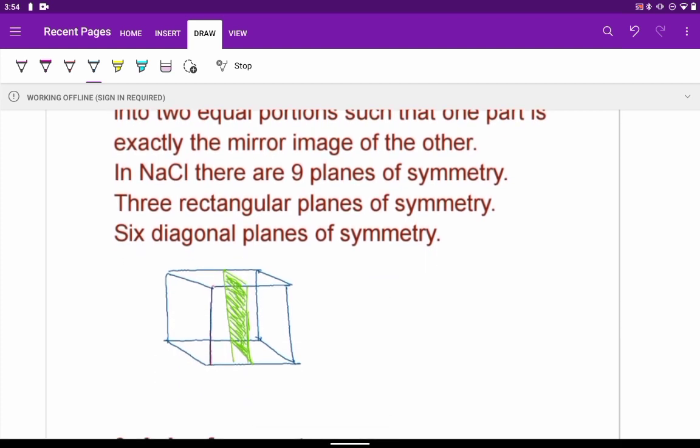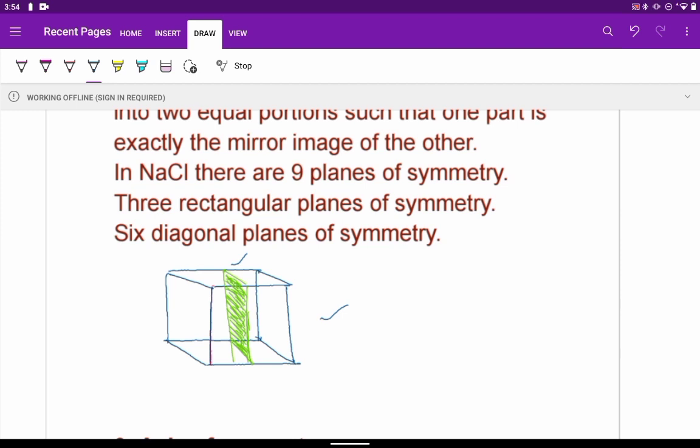Now see, if we consider the rectangular planes of symmetry, this is the crystal. If we take a face, in this face we take the midpoints of the edges and we join them. The same thing we do for the just opposite face. So like this, what you get is a rectangular plane of symmetry. This is a rectangular plane of symmetry.